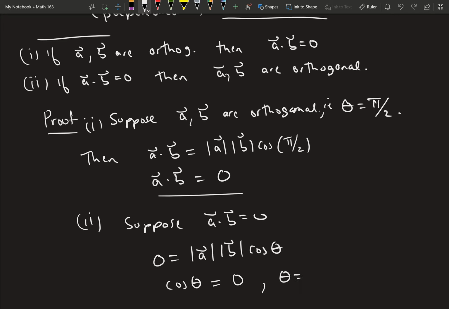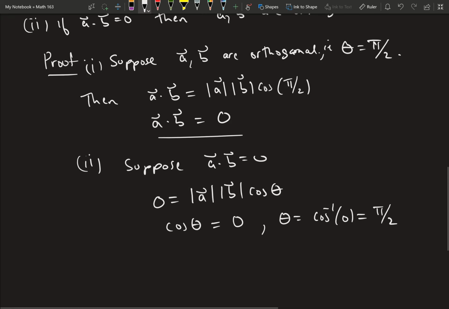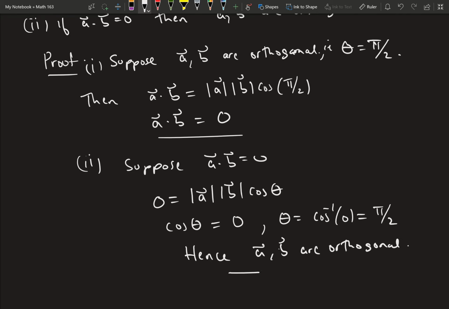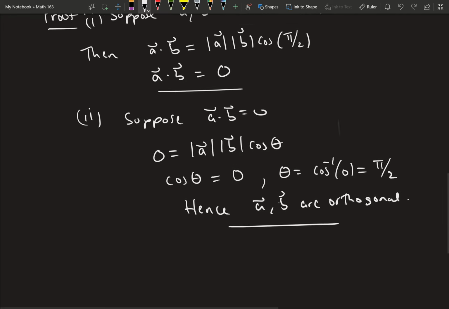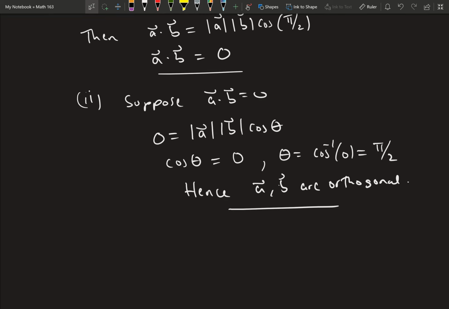So theta is cosine inverse of 0, which is pi over 2, or 90 degrees. Hence, A and B are orthogonal. Okay, so this becomes a simple way to show that two vectors are orthogonal.